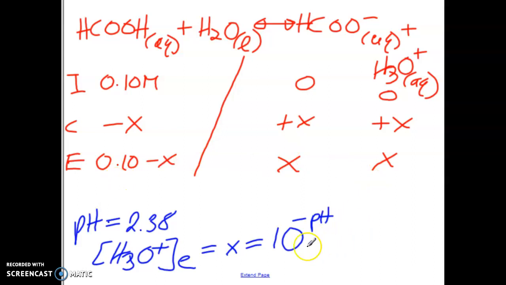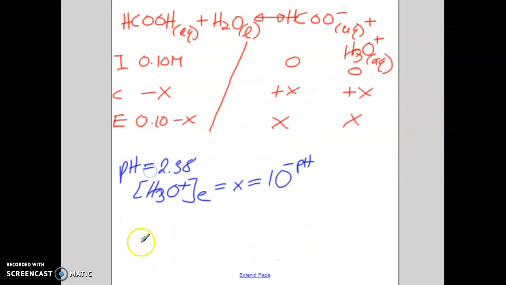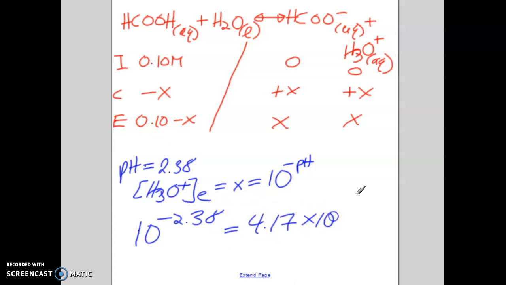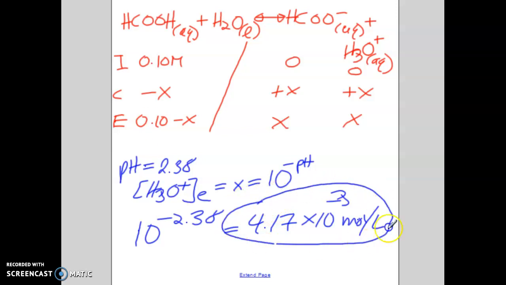So if we have the pH, that's really our way of indicating what X is equal to. If we do 10 to the exponent negative 2.38 here, we get 4.17 times 10 to the negative 3 moles per liter. So this is our concentration at equilibrium for hydronium.